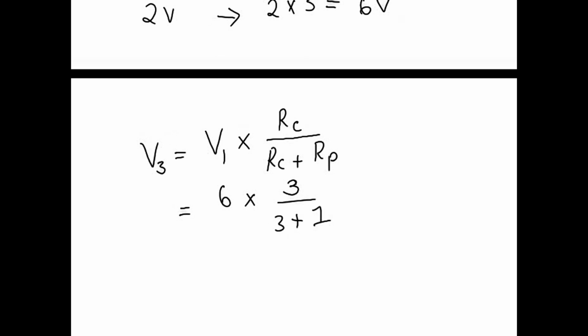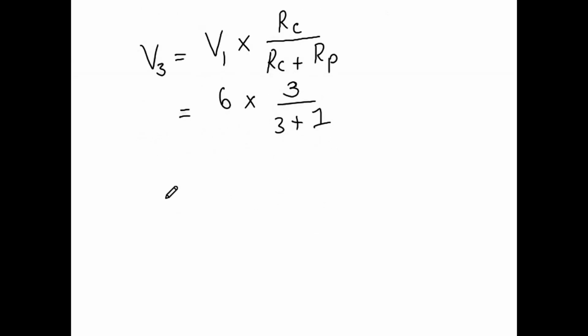So we have 6 times 3, which is 18. Then 3 plus 1 is 4, so we have 18 divided by 4. You can put it on your calculator. You're going to find that value to be 4.5 volts. I hope that is clear.